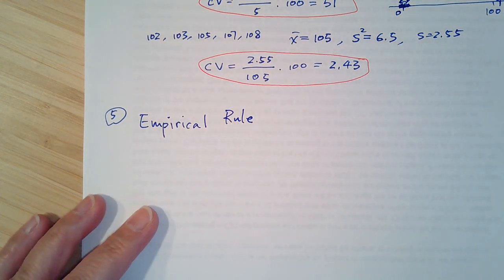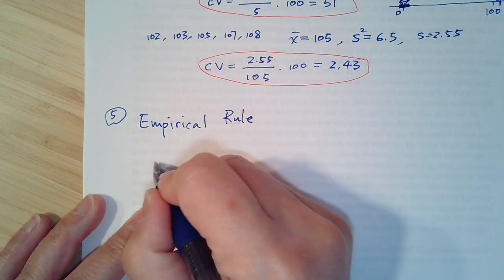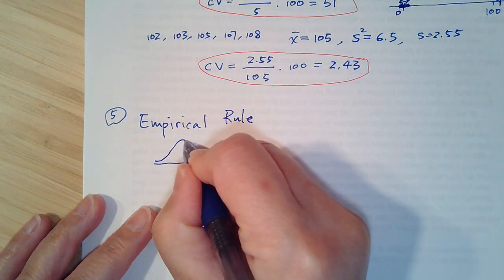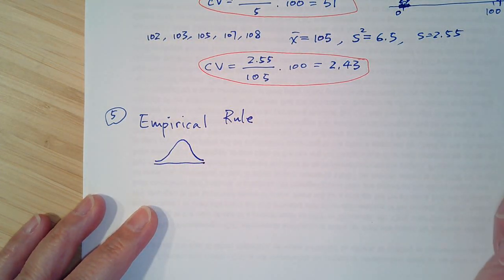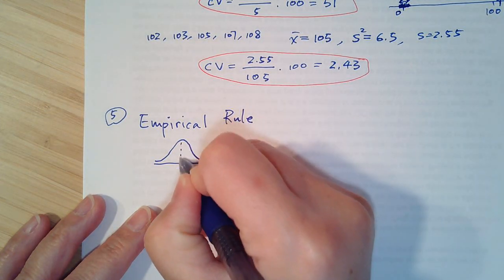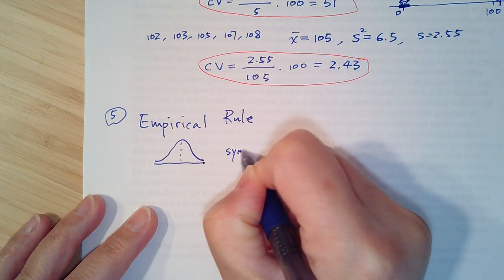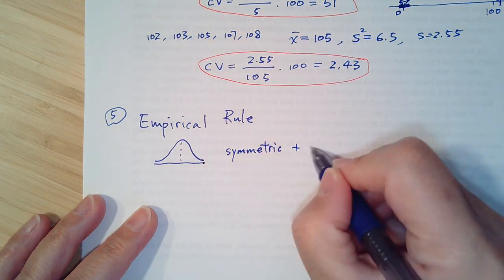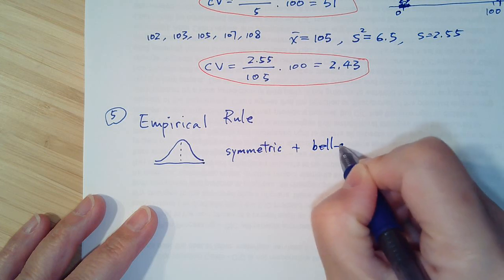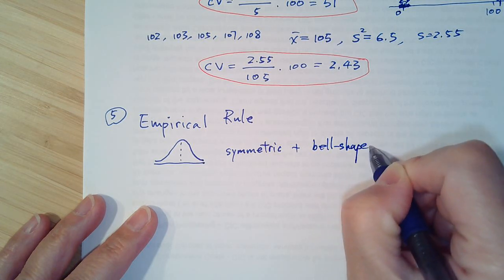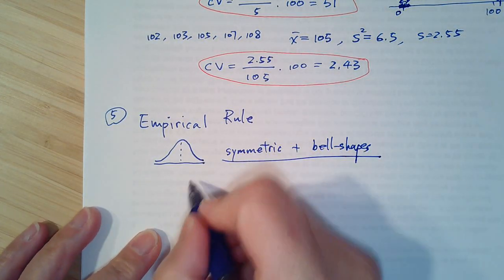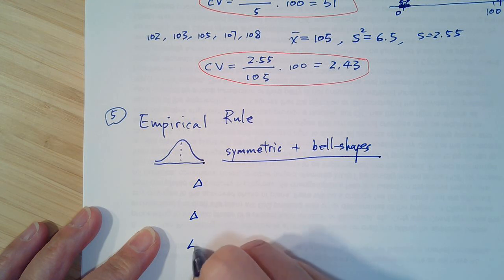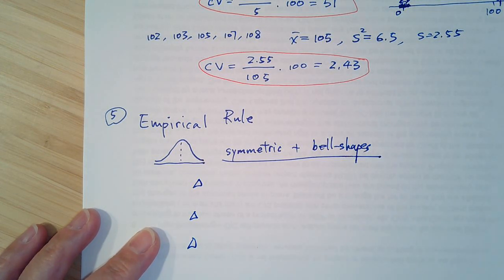The empirical rule says this: for a bell-shaped distribution, or we say approximately normal, which means symmetric plus bell-shaped, if you have this type of distribution, then there are several things you have to remember.